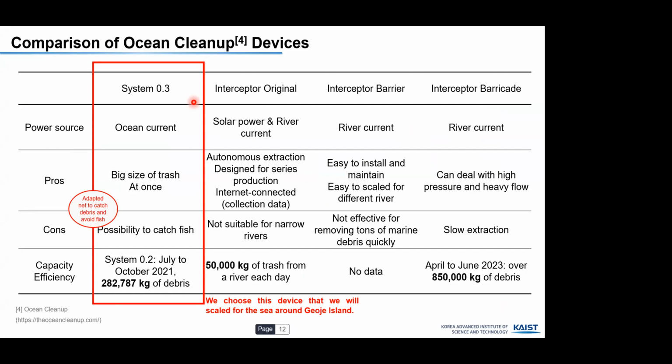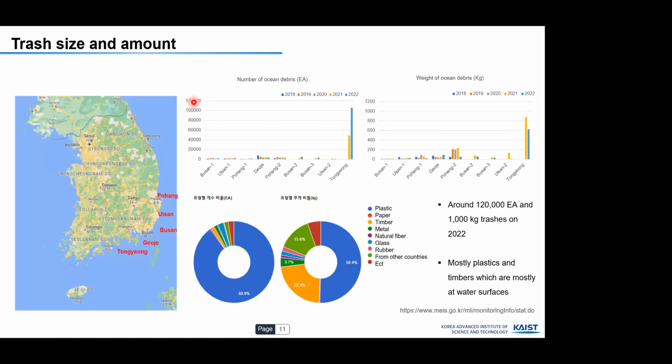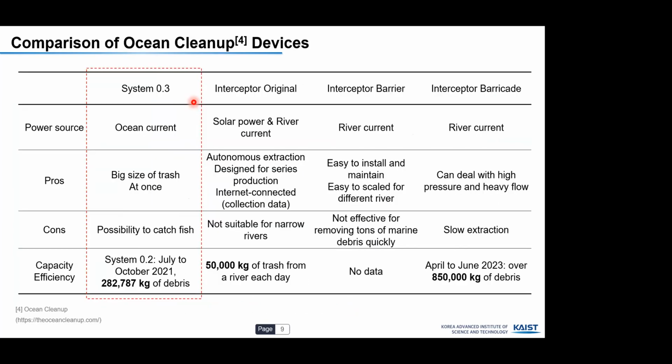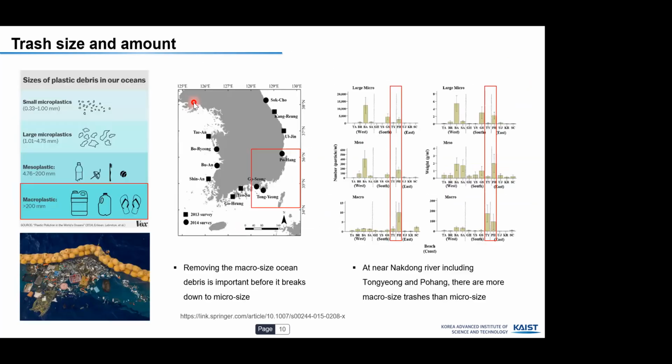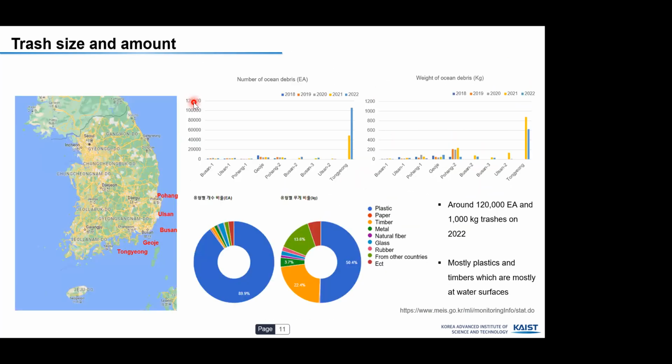So we can do an approximate calculation with that and apply it to our location, which is a sea, so it's not as big as the ocean, but we can find an approximate amount of debris that we could catch. And we also have data about the number of ocean debris here.